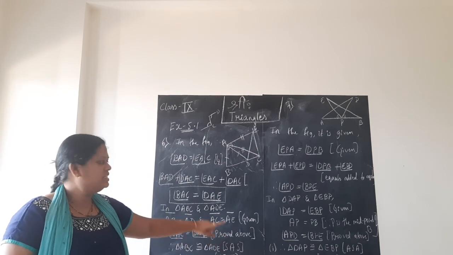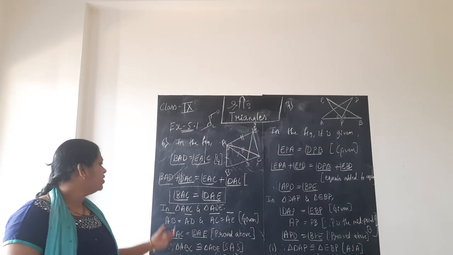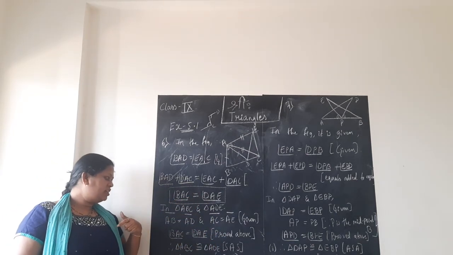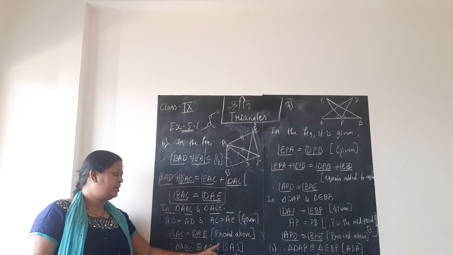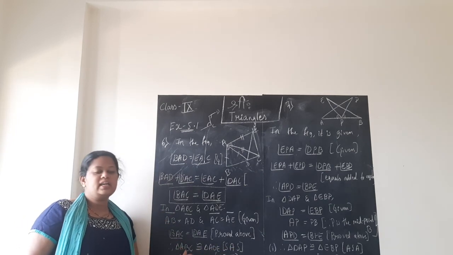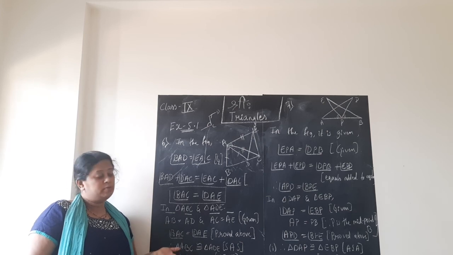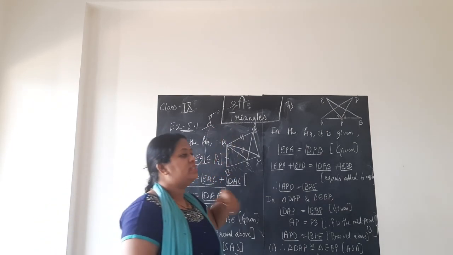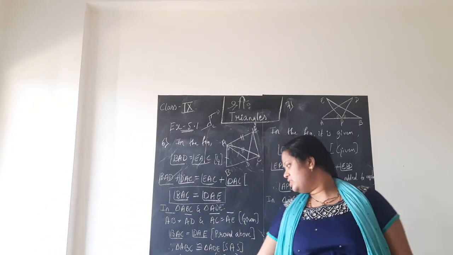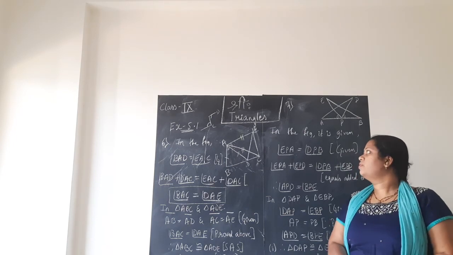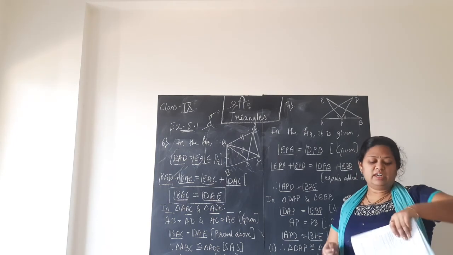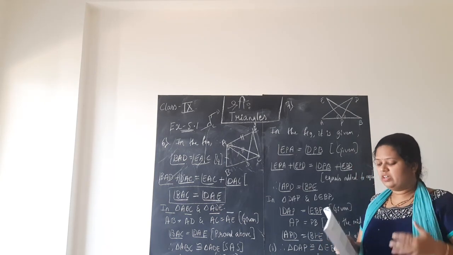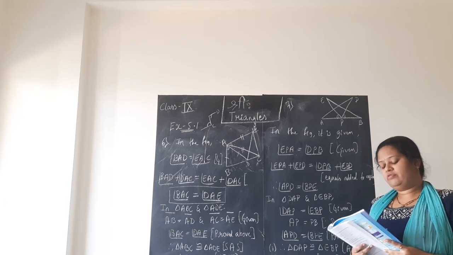That is why I said to put a box there. So two sides and one angle, by the SAS congruency rule, triangle ABC is congruent to triangle ADE. Once we prove this, the remaining sides BC and DE are equal by CPCT. That's all the problem is. Very simple problem, children. I feel like giving it as homework, but still I am solving it for you.